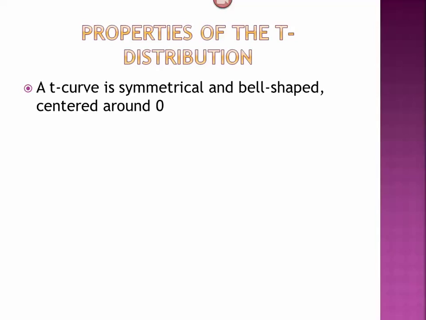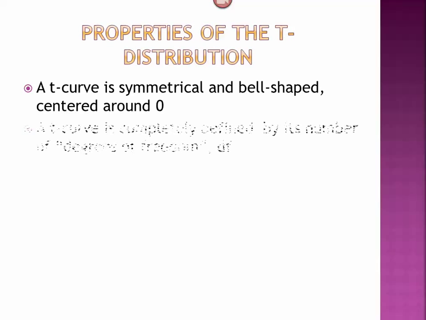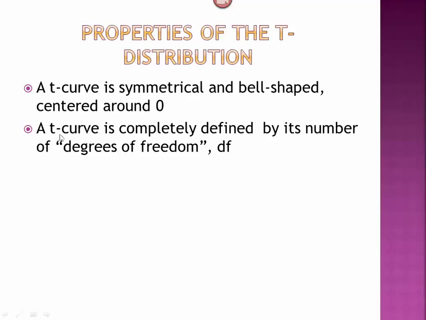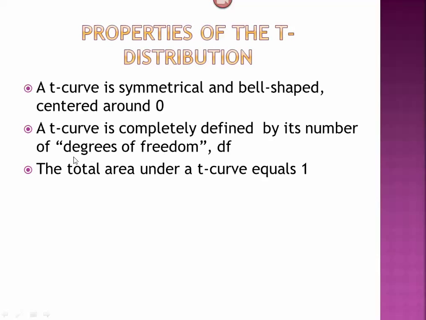The t-curve is symmetrical and bell-shaped, just like the normal curve, and it also is centered around 0, just like the standard normal curve. The one thing that makes it different is that the curve itself morphs depending on its degrees of freedom, which we sometimes represent with df. We'll talk about that more in a minute.